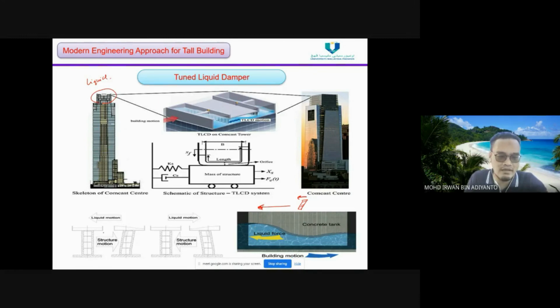This is the advantage of putting the water tank on the top of the building. So the water inside the tank can act as the liquid damper. Okay, it will stabilize the building during the vibrations.